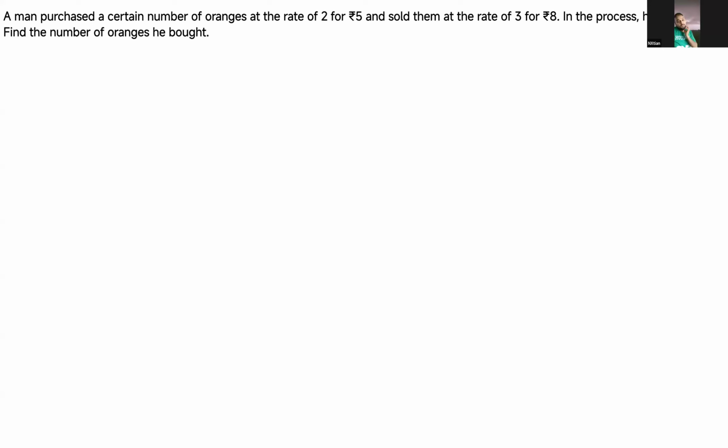Okay. Now understood it like this. A man purchases two oranges for rupees 5. So what is the cost price? Cost price of two oranges is rupees 5. Then cost price of one orange will become 5 by 2, which is rupees 2.5.